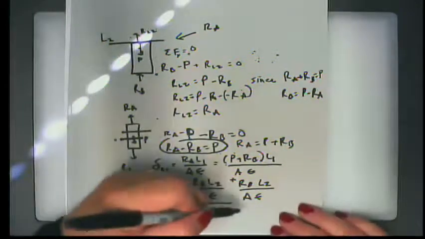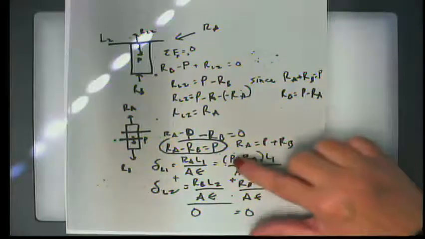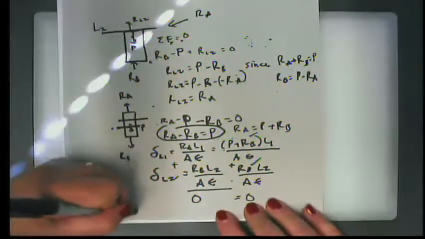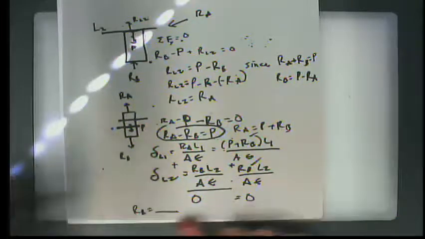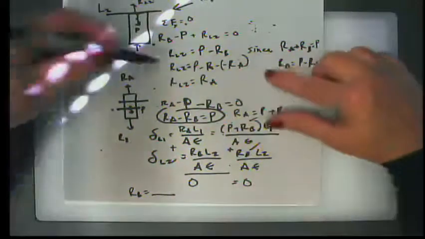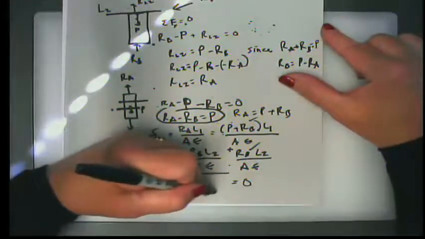These two things added together equals 0. So what the answer is, if P is known, you can see then that my only unknown is R sub B. So I can solve for R sub B. And then, based on my equation of statics, I can solve for R sub A.